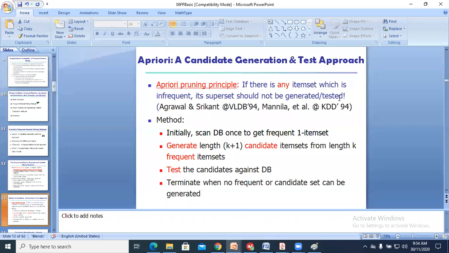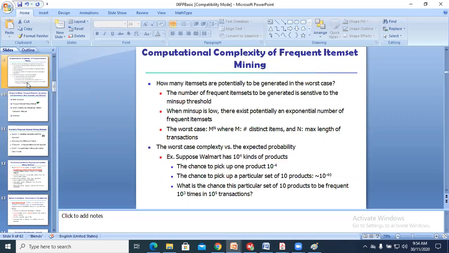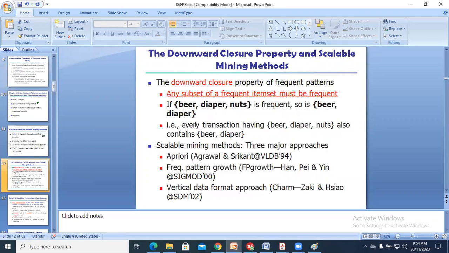For example, if I say that beer and diaper is infrequent, then beer, diaper, and nuts will be infrequent, and we will not find the support of beer, diaper, and nuts, because beer and diaper is infrequent.